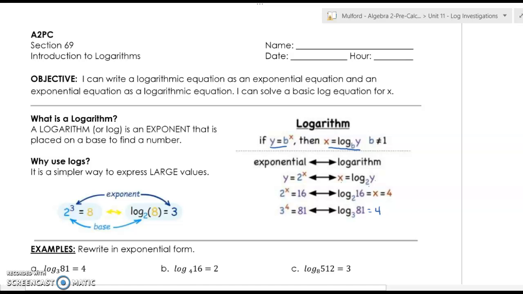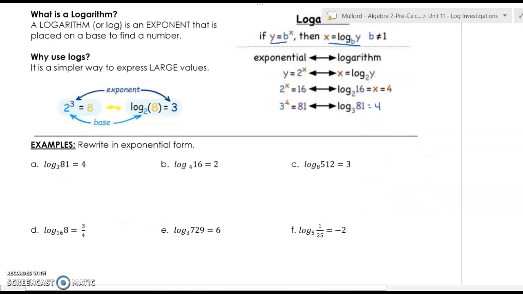So how do we convert these? Rewriting a log in exponential form: essentially we take our base and loop around to our exponent, and that's going to equal our number. If I rewrite this as an exponential function, it'd be 3 to the 4th equals 81, which we know is a true statement. I can do the same here, 8 to the 3rd equals 512.